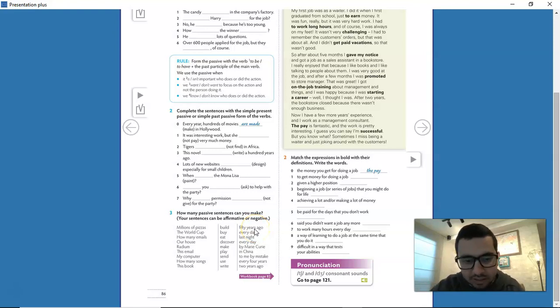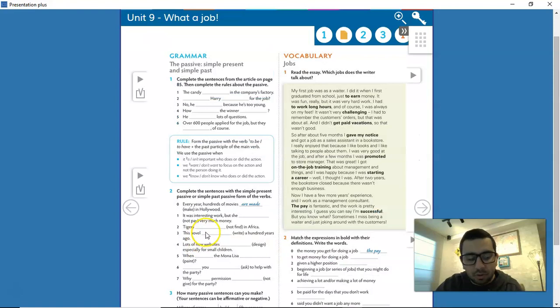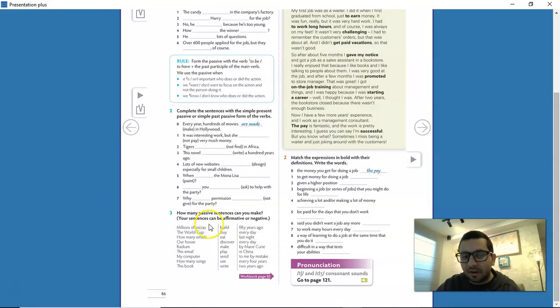So one example, the World Cup was played in China. Just an example. Or another one with the World Cup. The World Cup is played every 4 years. So you need to make sentences, okay? There is no right or wrong here. We don't have a key for this activity.